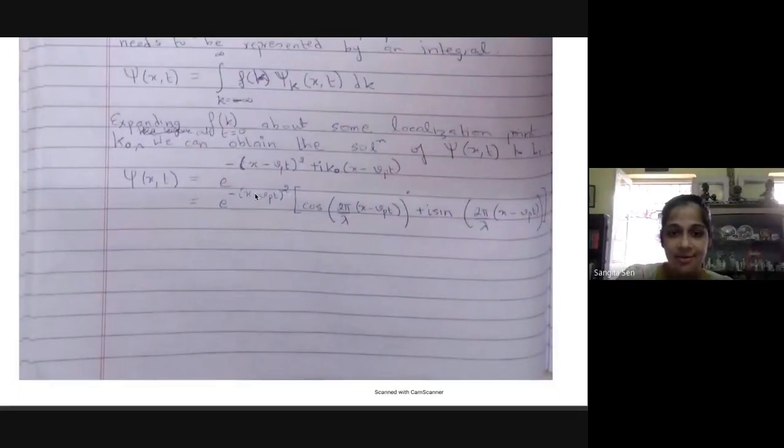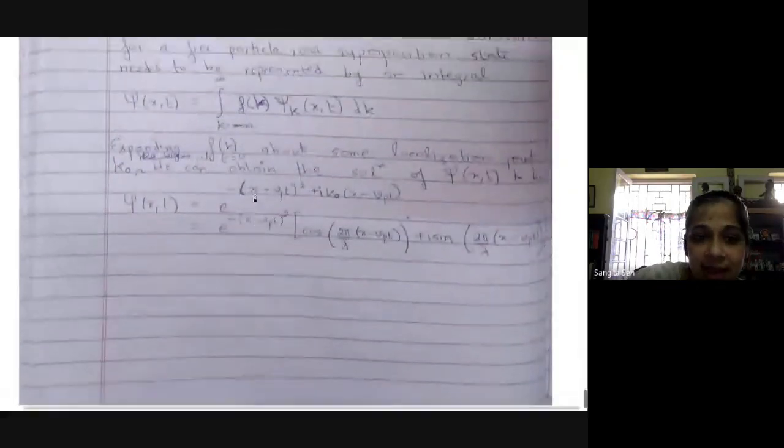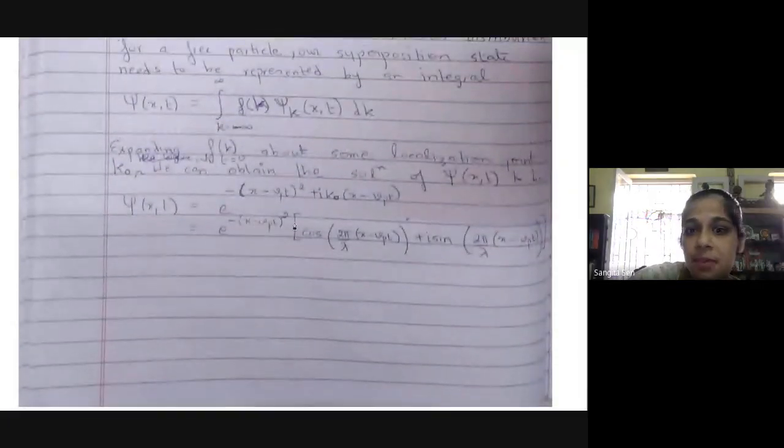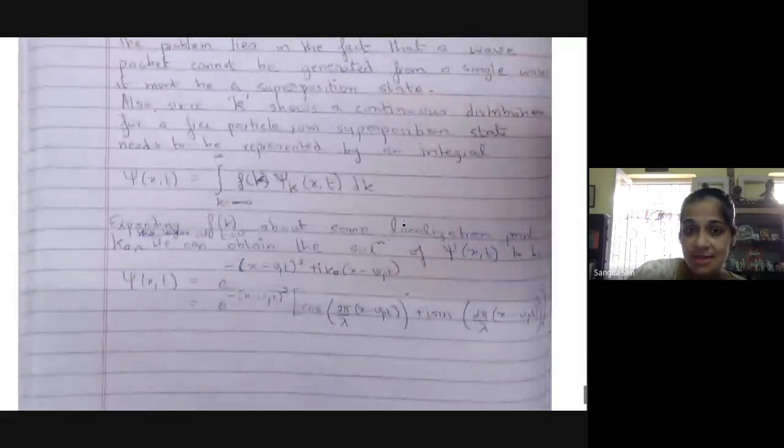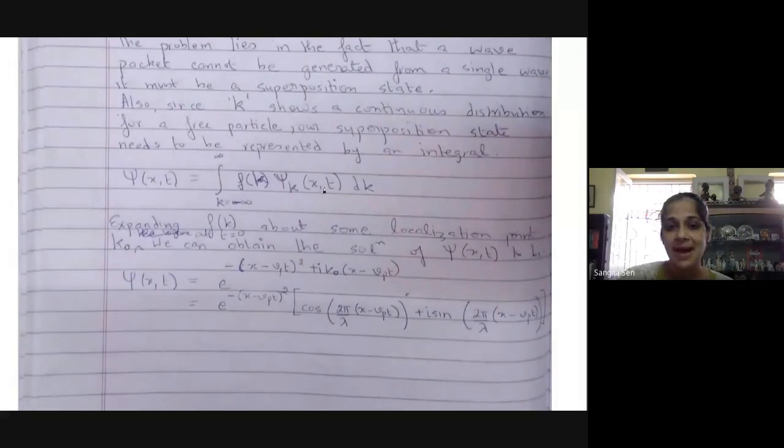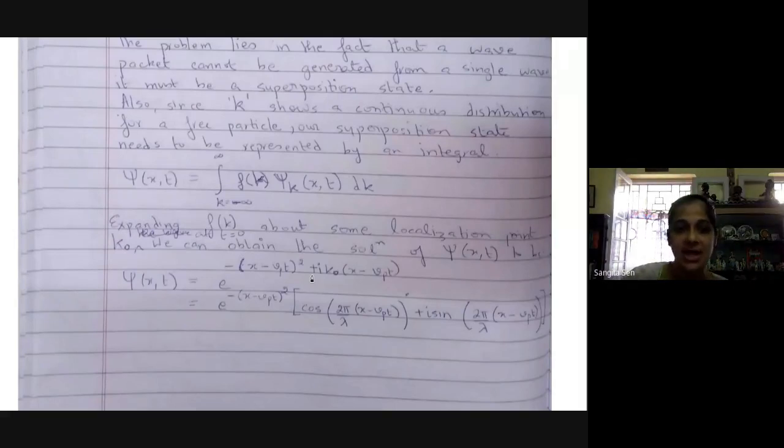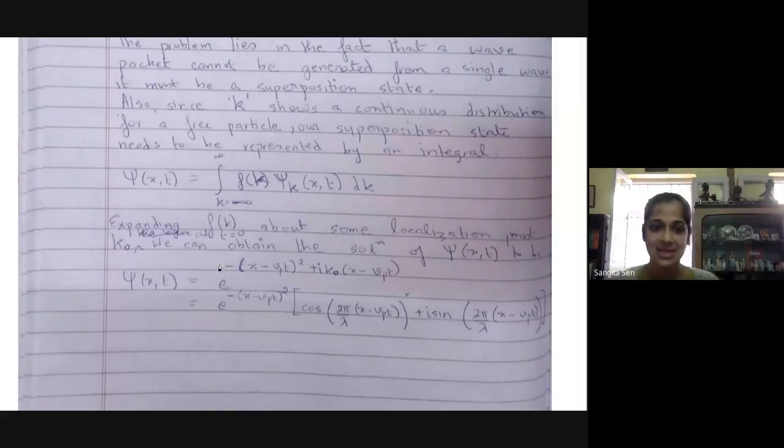So the idea is to just get it from the wave function and not take the energy, because the energy is correct. And then here, okay. To solve this, the procedure is that you expand this function k about some localization point k0 at t0.